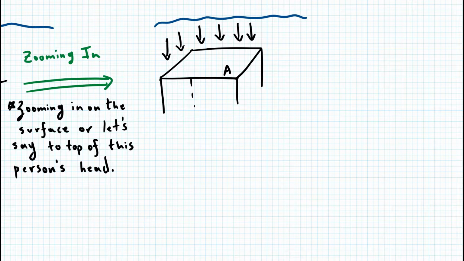What we see is that all these forces have to be perpendicular to the surface area A over here, or in this case, the top of the person's head that we zoomed in on.